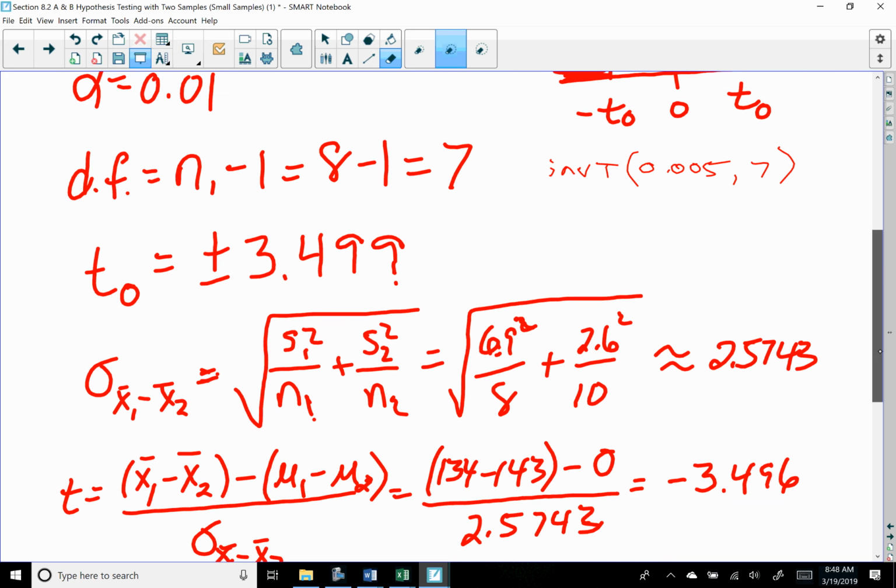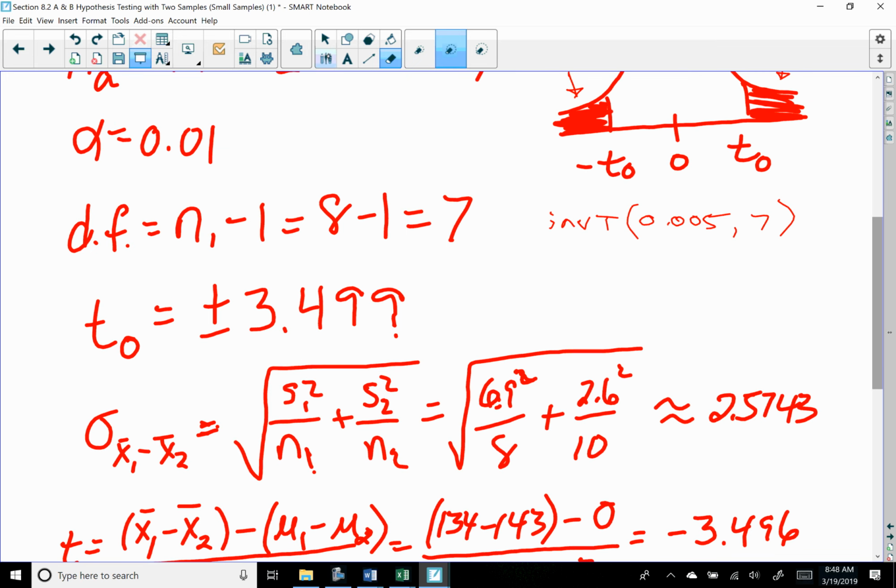With that t statistic, I could plot it right in. This is really close. So my critical value is negative 3.499.